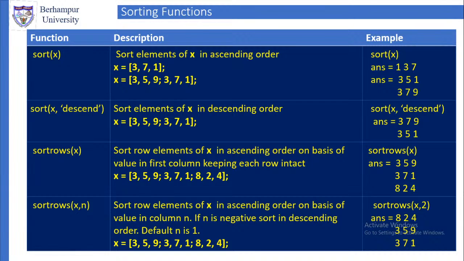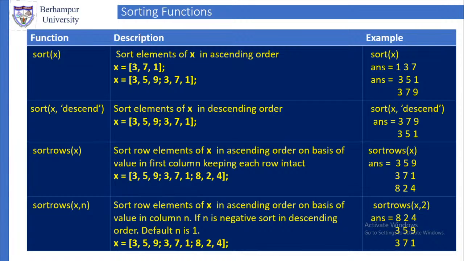Suppose we have this 2 cross 3 matrix, 359 and 371, 2 rows are there. Then if I write sort of x, it will give me 351, 379. From where am I getting this 351, 379? It actually sorts the columns.